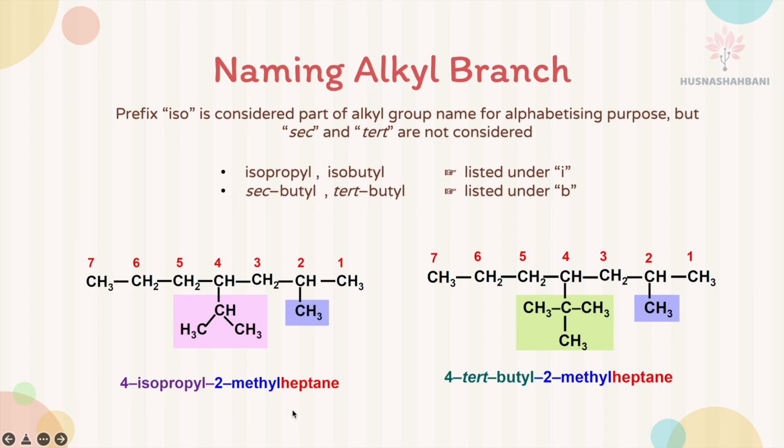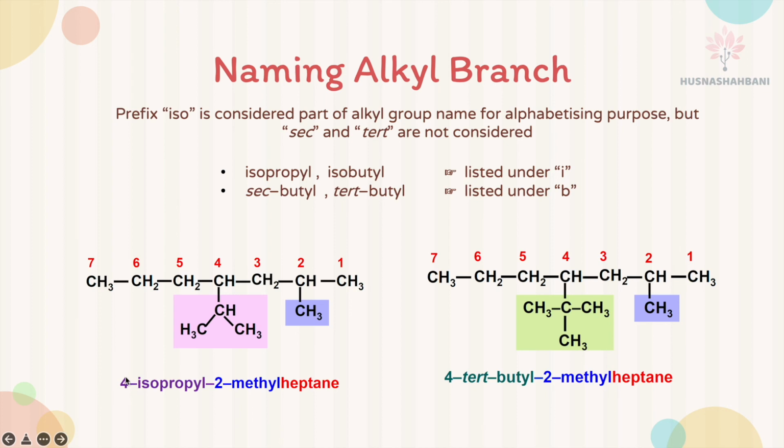Okay, so here we have to put the name of the substituent according to the alphabetical order. So the parent name at the back, substituent at the front. So you have to decide which substituent that you have to write first according to the alphabetical order.